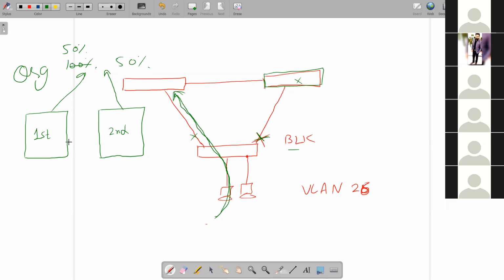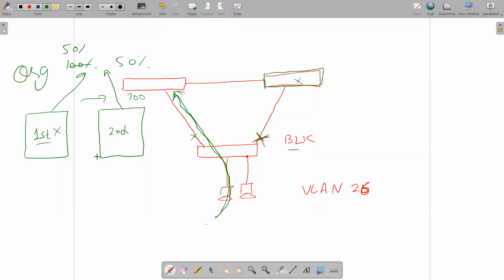Then if something happens to the first generator, okay, fine, you can put 100% load onto the other generator, and you will troubleshoot, fix it, and again put the 50% load balance. Because you have invested a lot of money, it may cost you thousands of dollars, so you need to utilize both resources.